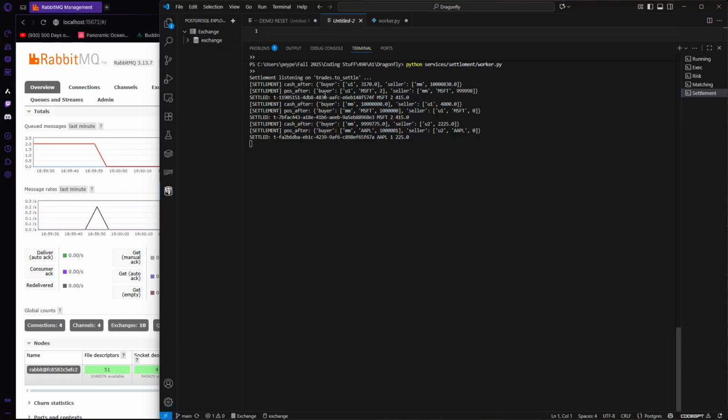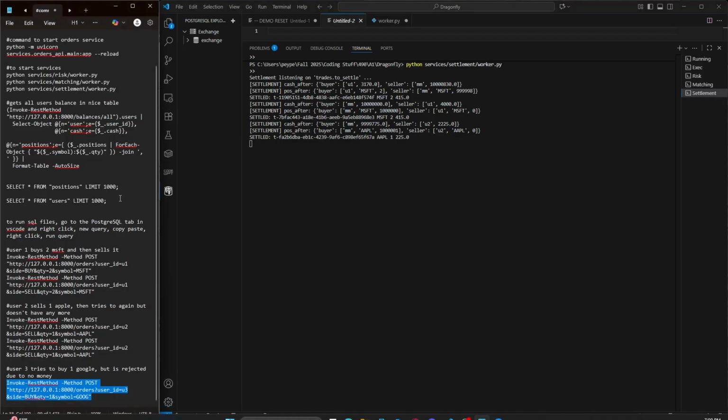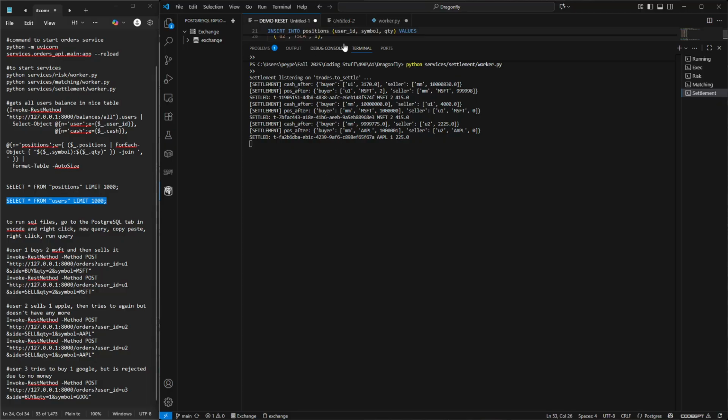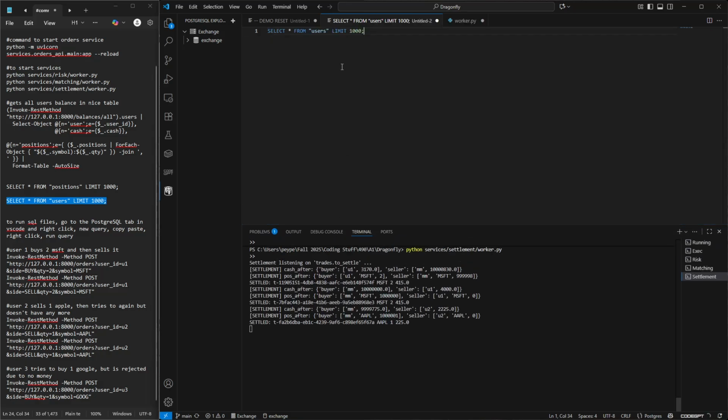And say we run a simple query here and we look at users and we look at their cash amounts, and we run that, we should see, yep, it has updated in our Postgres database. This was to reflect the 1 Apple stock.